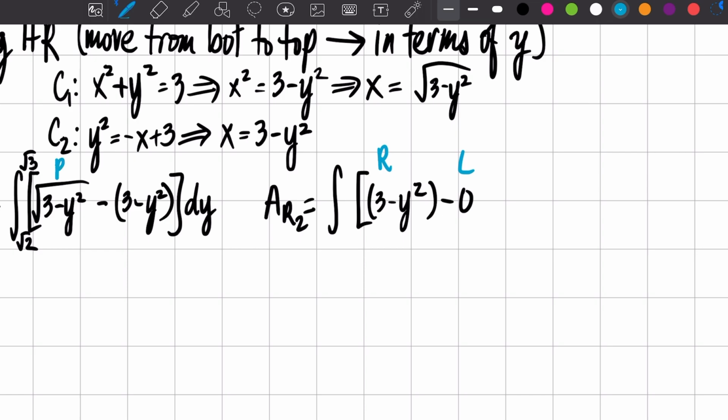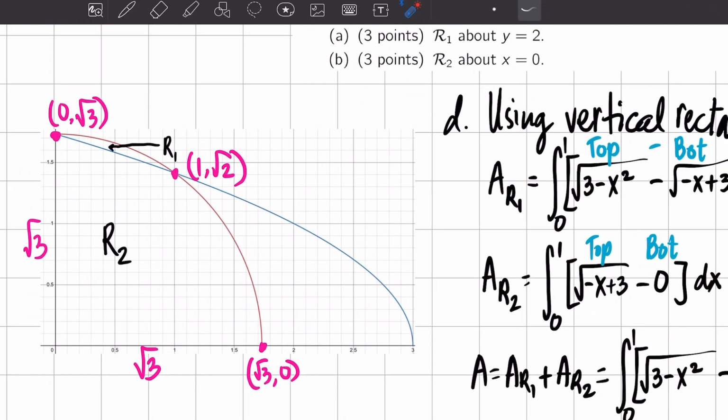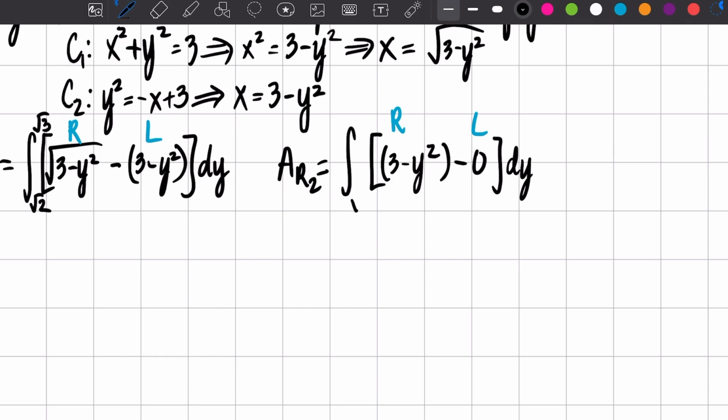I'll just put it right here also, right minus left. So dy. And we are doing this from this point right here until this one right here. So that's still from y equals square root of 2 to y equals square root of 3.